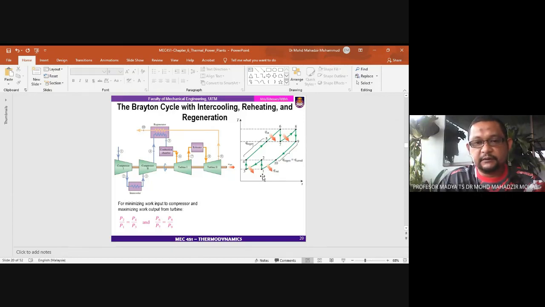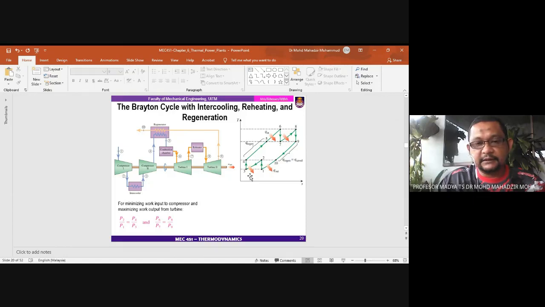The temperature increases because the air has been compressed, and then the temperature is reduced by the intercooler.